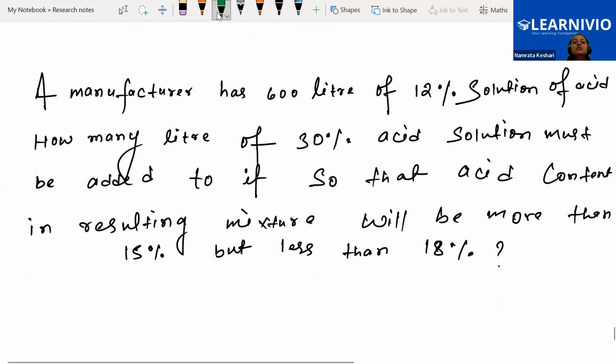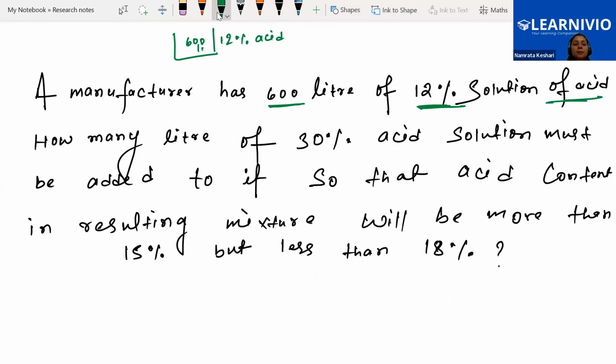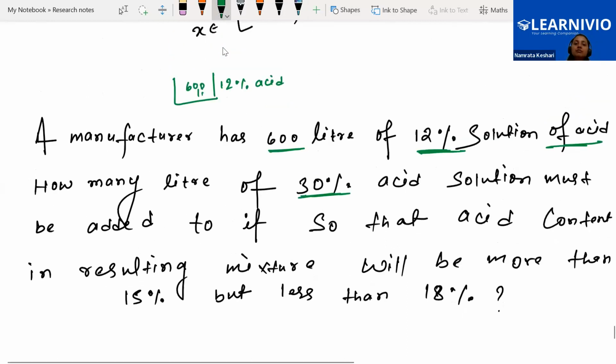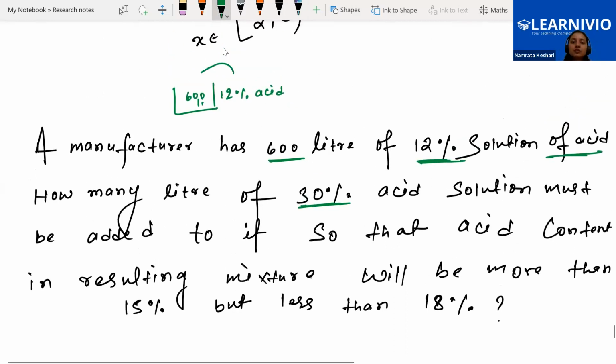A manufacturer has 600 liter of solution, which is already having 12% acid in it. How many liter of 30% acid solution must be added? Here we are adding a few extra liter of solution.